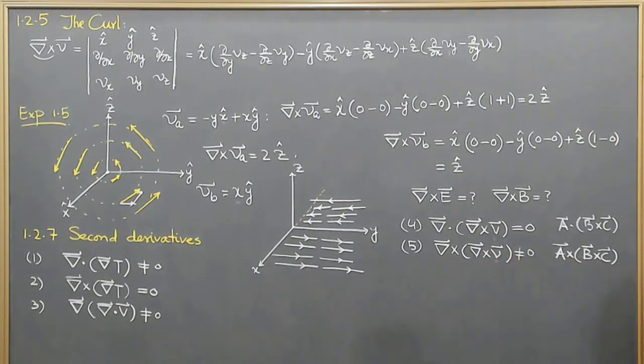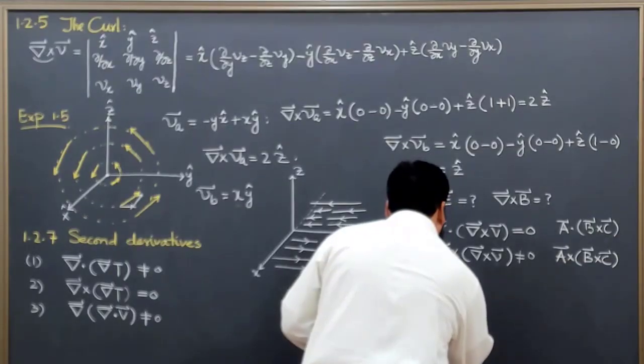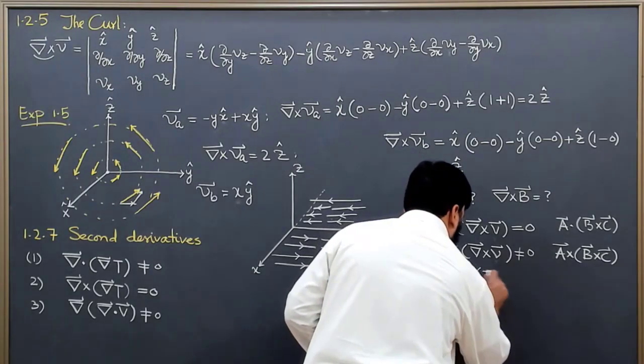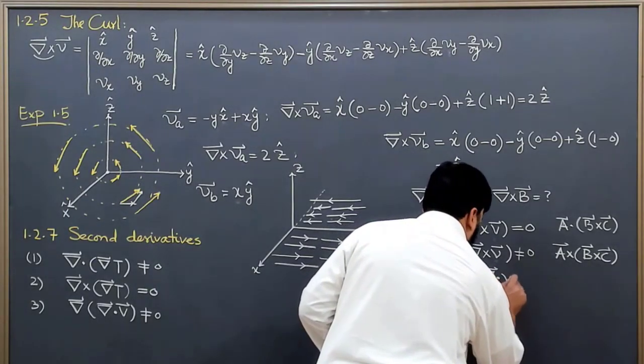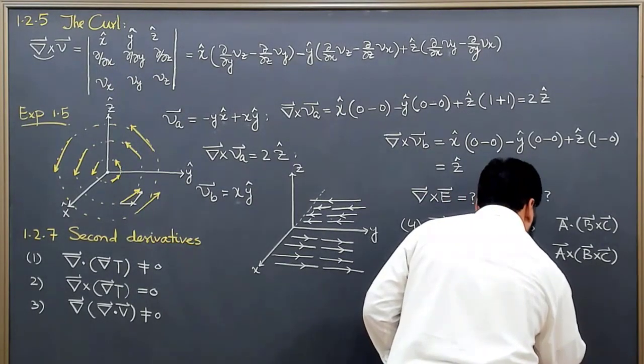And here the curl of a curl is meaningful as well, but this is not a vector triple product. It is another identity, and this identity is equal to del, the gradient of the divergence of V, minus del squared V.